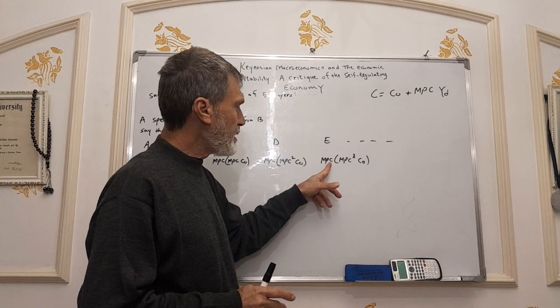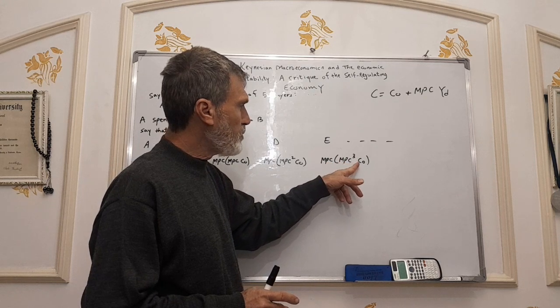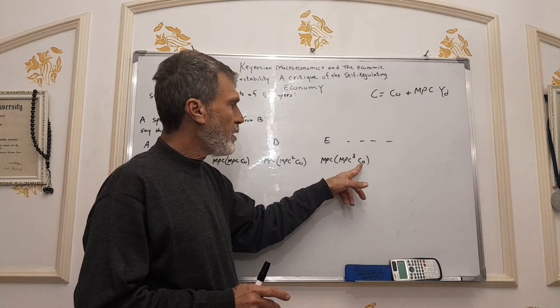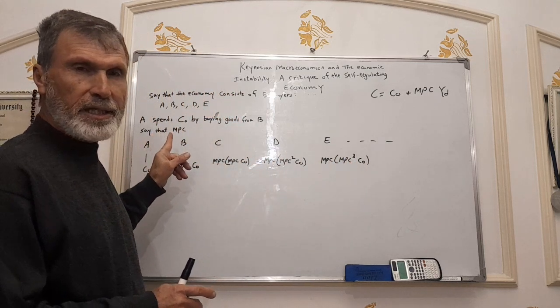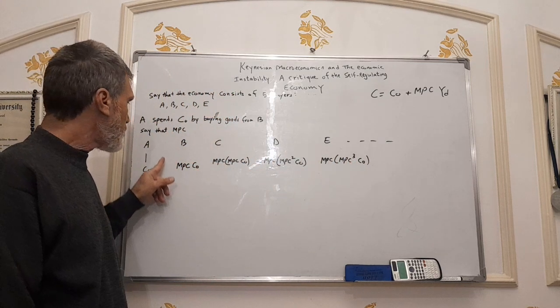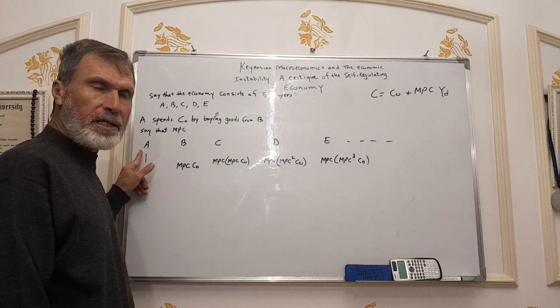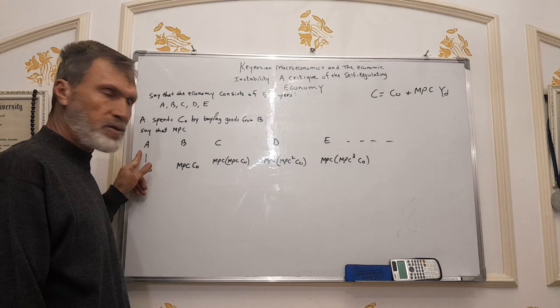So it's going to be MPC cubed C0, because C0 is the increase in autonomous consumption by the original, the first person A.